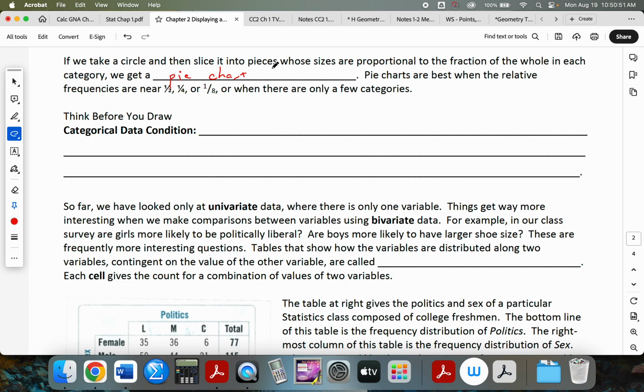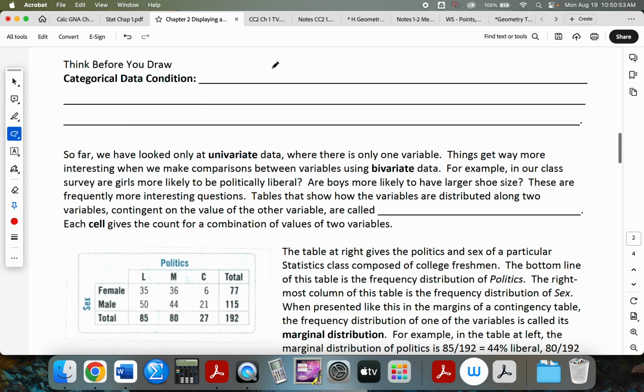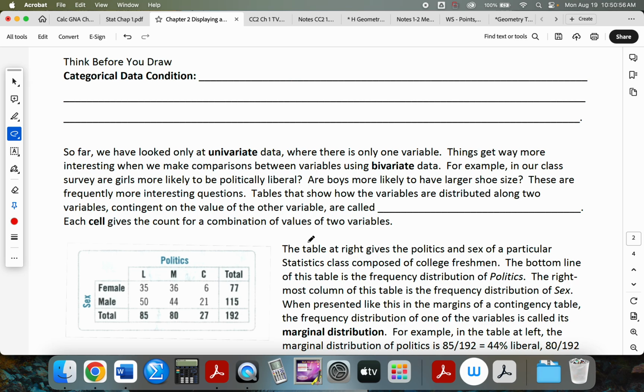All right, so one of the things you have to do before you draw something is you want to think about it.